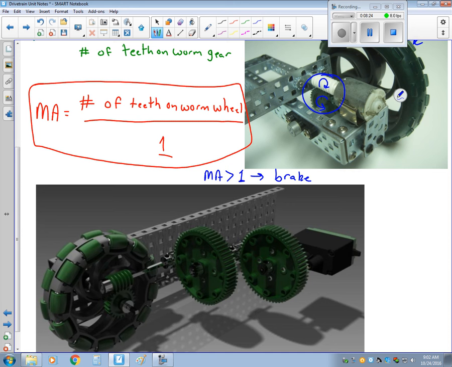The motor can turn the system very easily, but it's very hard to go the other way. So the nice thing about these worm gear systems is that they're one directional only. You don't have to worry about the wheels slipping. So if you wanted to drive up a hill and then just turn the motor off, this would hold the system.